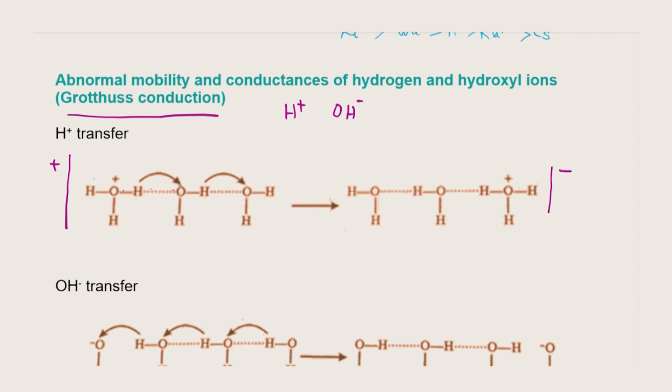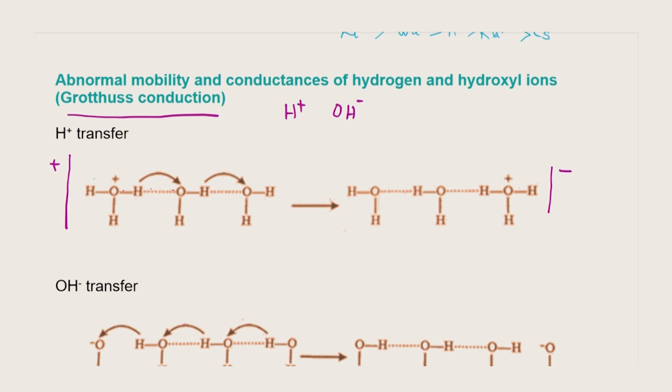From this, again there is a shift of hydrogen bond, and this hydrogen shifts to this water molecule as a proton, so the positive charge changes to the third water molecule.